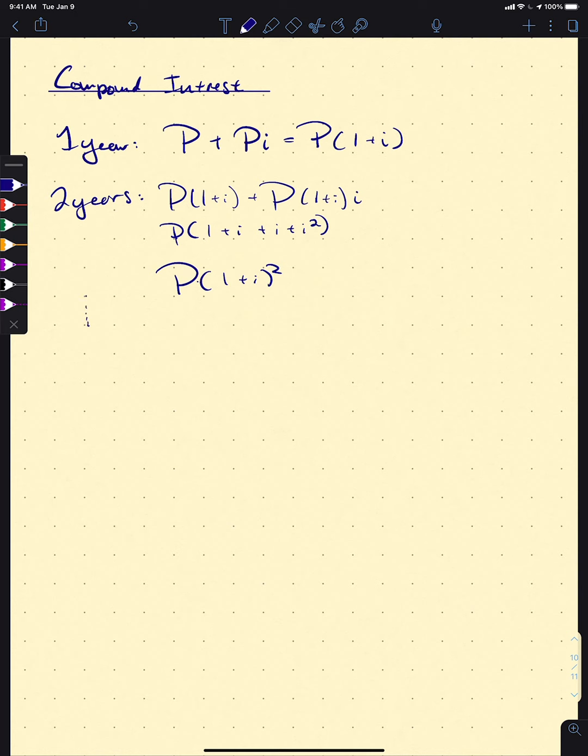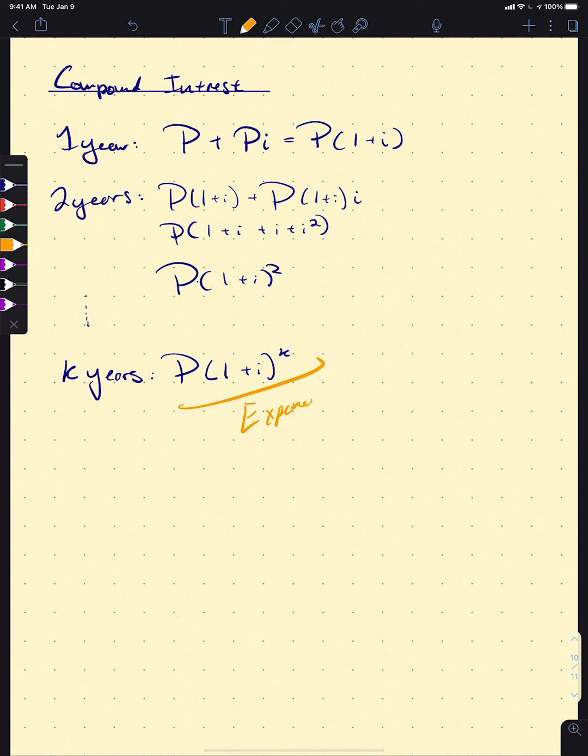And you can show that after, say, k years, the amount that you have is p times 1 plus I to the k. This right here is an exponential. So maybe it bears a little bit of study for how this compound interest works, because if we can use the tools that we've developed for this, well, then good on us.